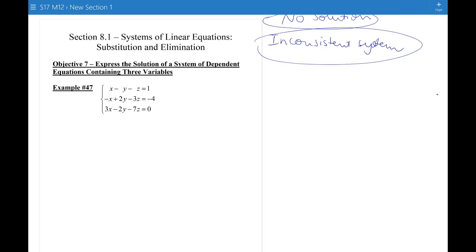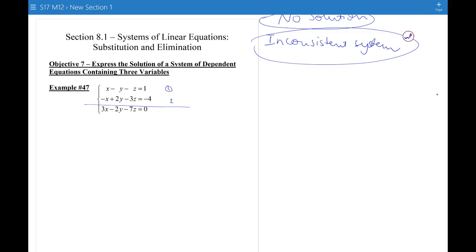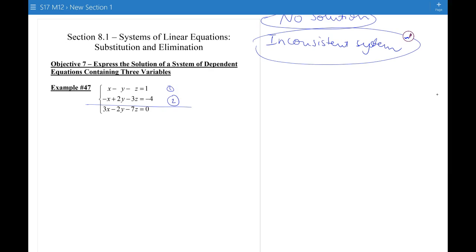Okay, and then the last possible case is the dependent equations. So again, let's combine equations 1 and 2, and I can see I can just add them and the x's will cancel to get y minus 4z equals negative 3.